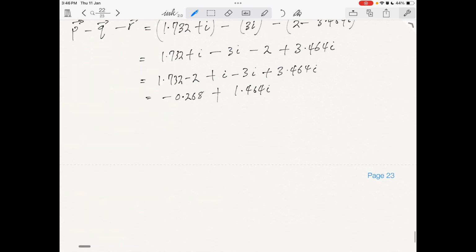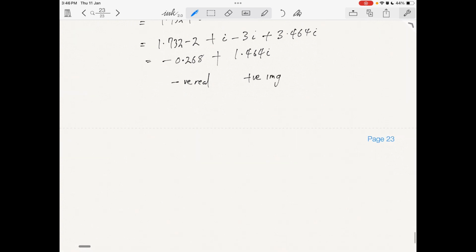The first thing, as usual, is to draw the Argand diagram. It's very important we draw the Argand diagram so that we will know the quadrant we are dealing with. Now we'll see that this has a negative real number and a positive imaginary number.